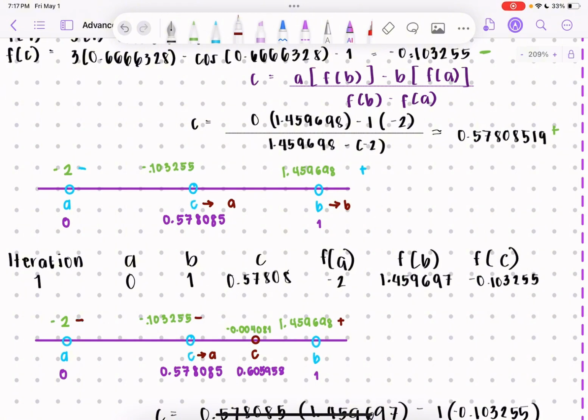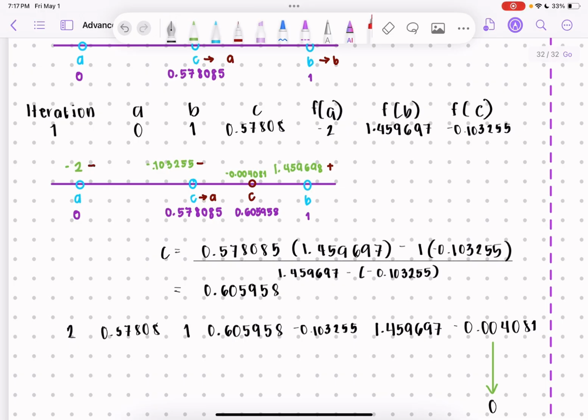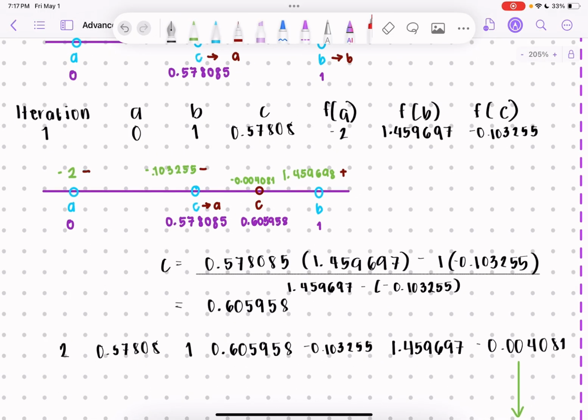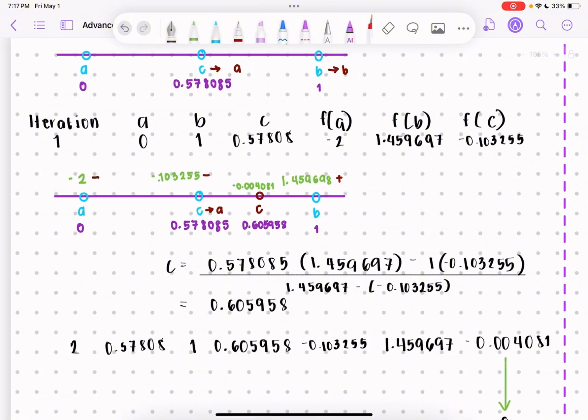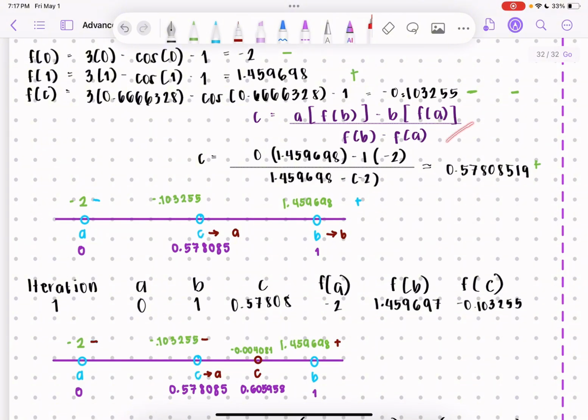So since we have our A and B right here, just simply write that in our new iteration, which is our second iteration. We have right here our value of A will be 0.57, which is the previous value of C, and our B will stay the same. However, our C would not be the same since we are going to use this formula.